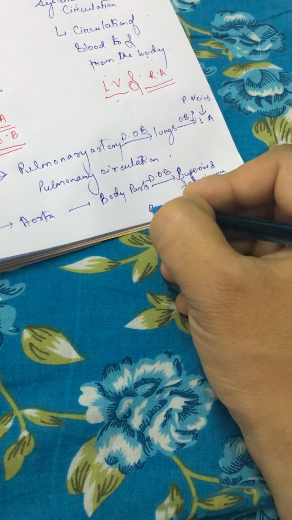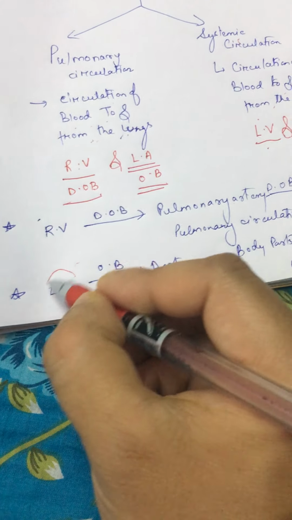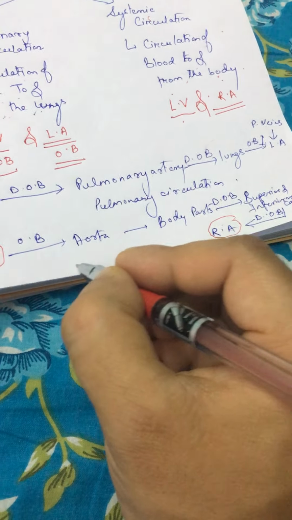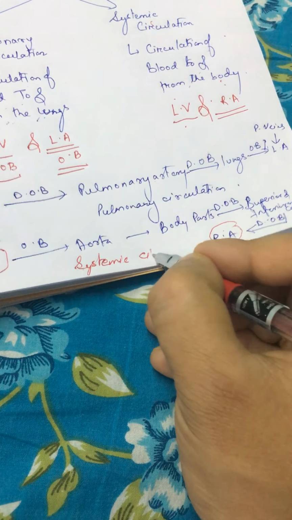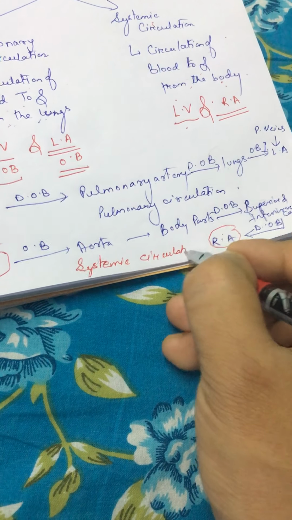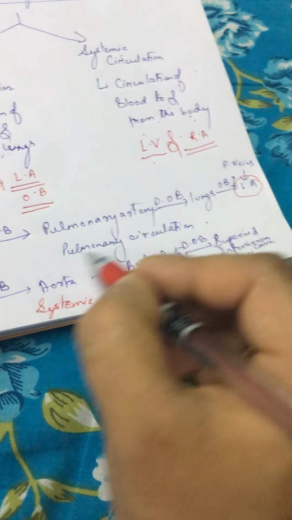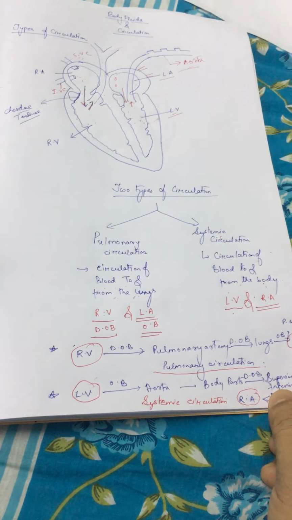To the right auricle. So the left ventricle and right auricle are involved in the systemic circulation, and the right ventricle and left auricle are involved in the pulmonary circulation. So I hope you have understood the two types of circulation.